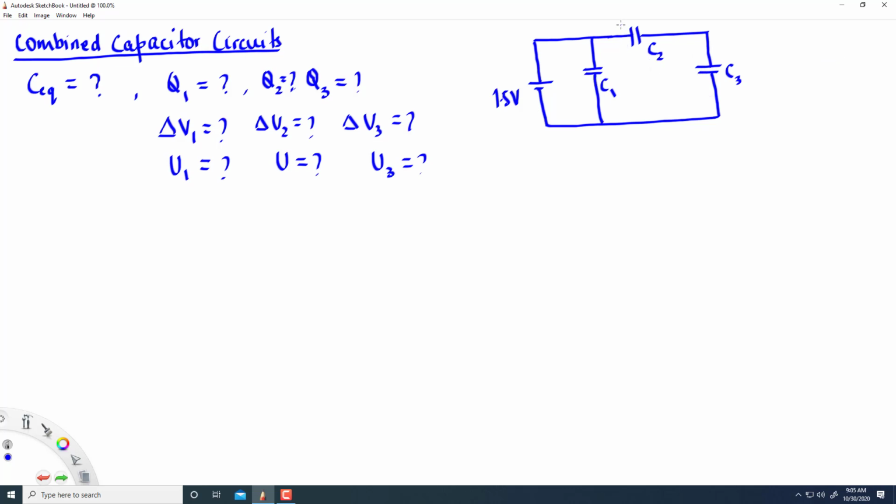Okay, so these two are in series, okay, because there is nothing in between here. That means they are in series. So when they are in series, we can find the equivalent capacitance by using the reciprocal formula.